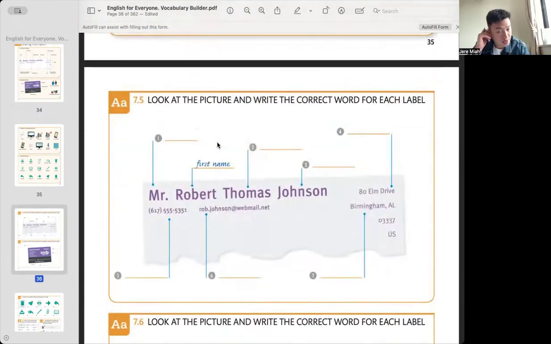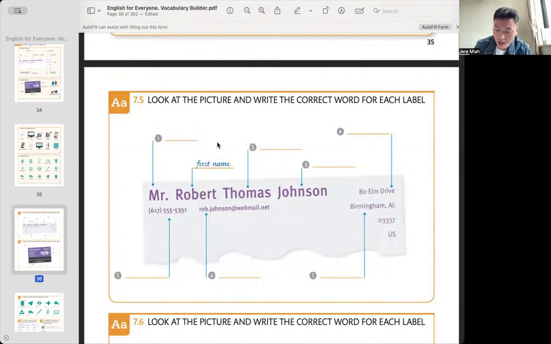Okay, so first is Mister, which stands for title. Summers is the middle name, right? That's correct. Summers would be the middle name if it's placed between Robert and Johnson. Johnson is the family name. Exactly. Johnson is the family name or last name.